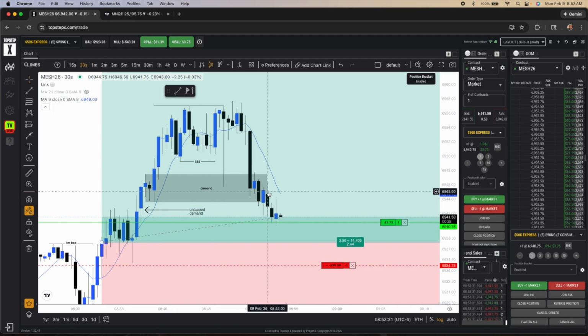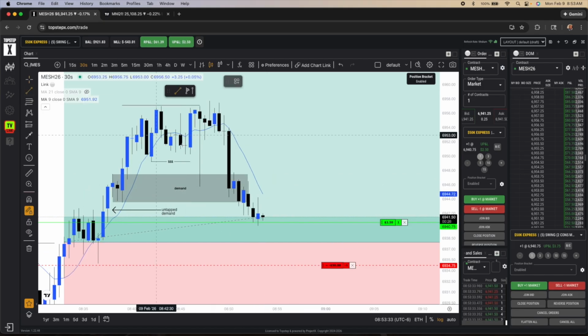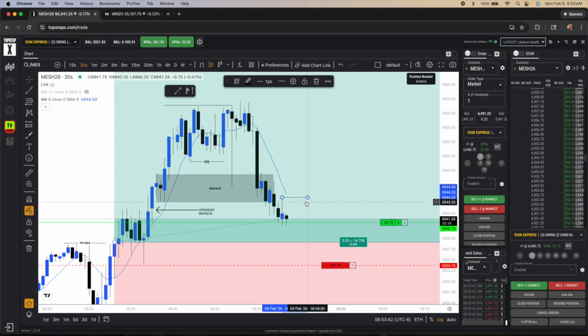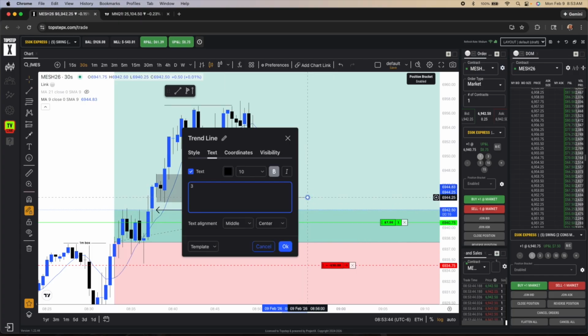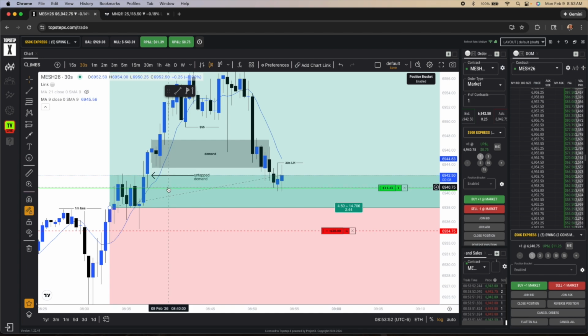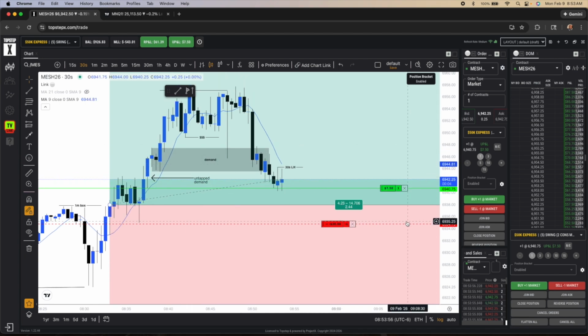This does look like a good lower time frame setup for the 30 second if we break higher here or even here. So I'm wondering if I should attempt it. I kind of want to.